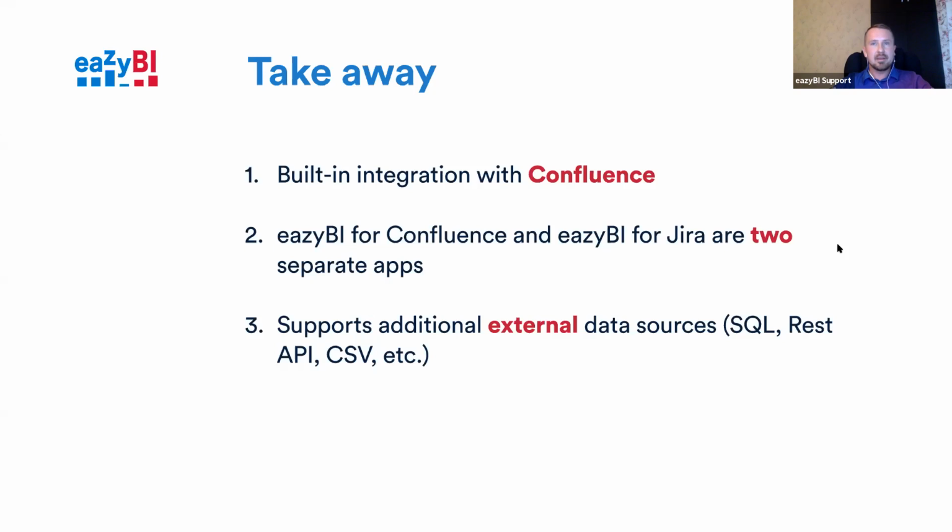And eazyBI for Confluence also supports additional external data sources like SQL, REST API, and CSV. I would also like to add that this is the first incremental of the product, and we will develop this product further and add more features and analytics in the future. Our newborn baby will grow, that's for sure.